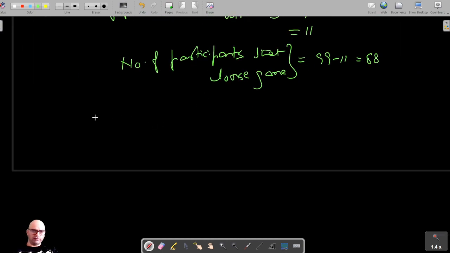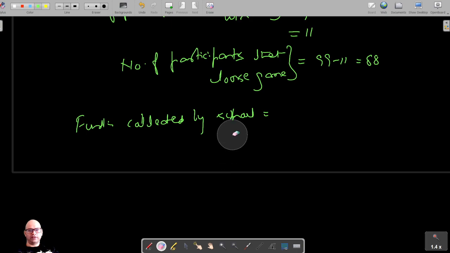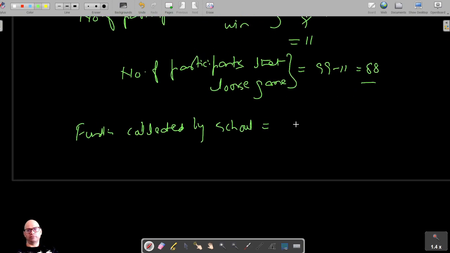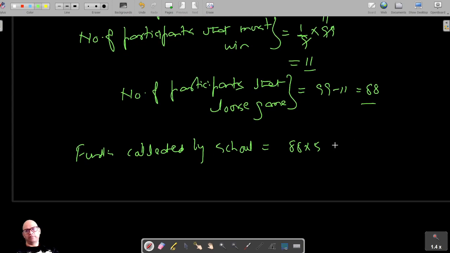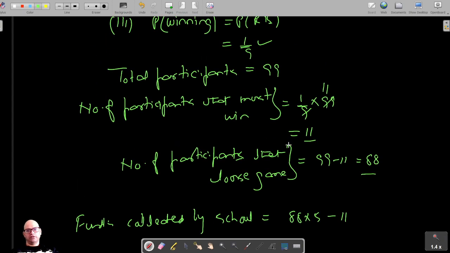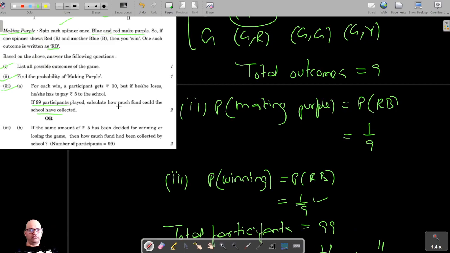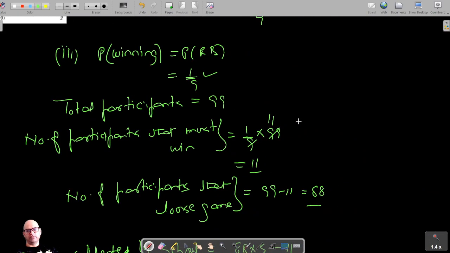Now the funds collected by the school. The funds will be collected when the losing participants give rupees 5 to the school, so 88 into 5. But for the 11 winning participants, they are given rupees 10, so we have to subtract.